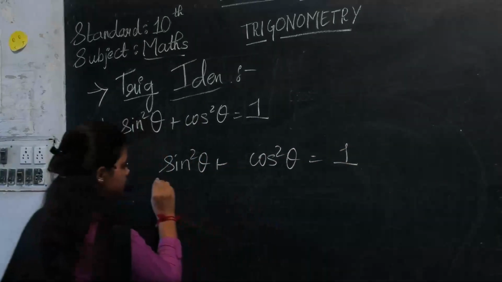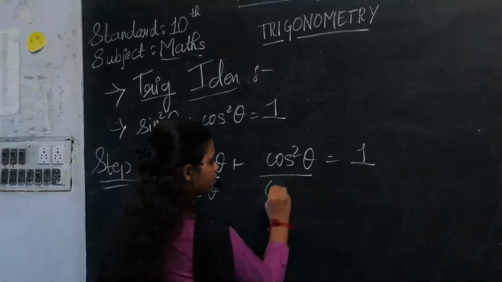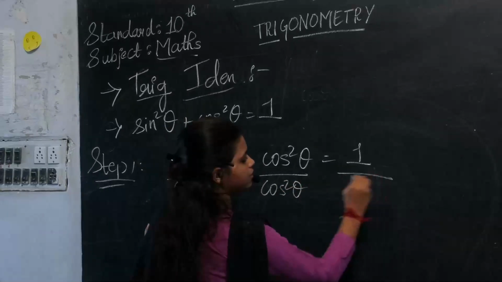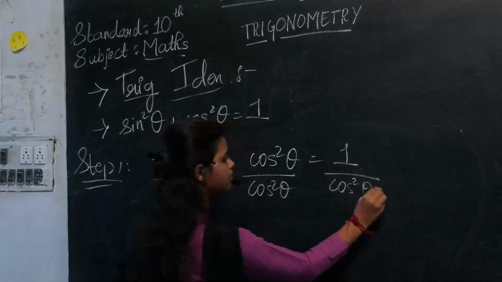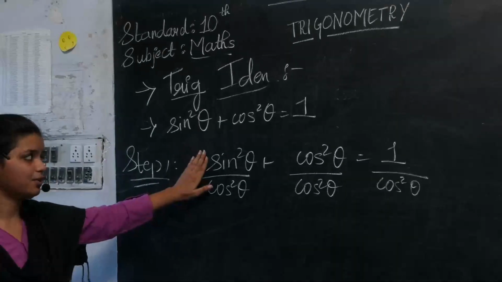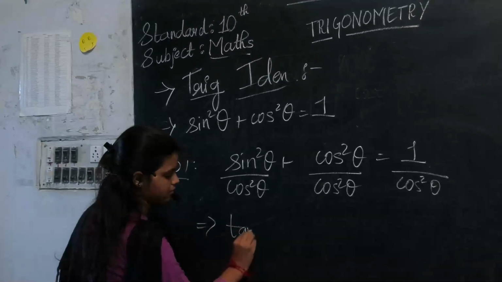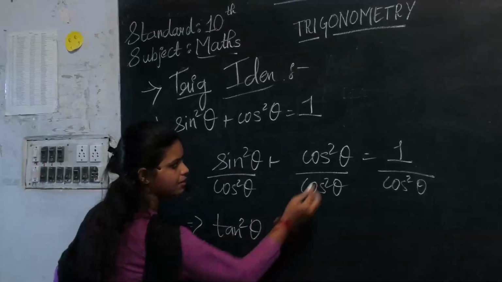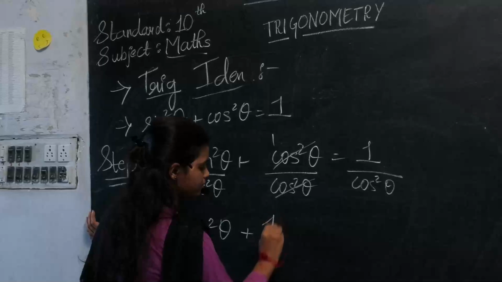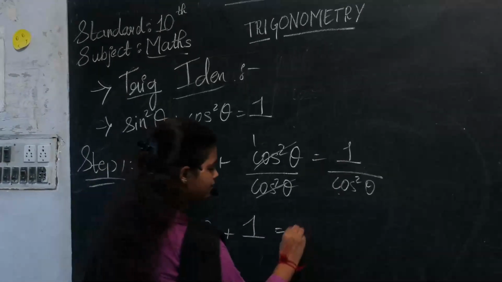Now divide this with cos square theta. Sin upon cos means tan theta. Sin square theta upon cos square theta means tan square theta. Plus this will be reduced, it will be 1, and 1 upon cos square theta means sec square theta. Very good.